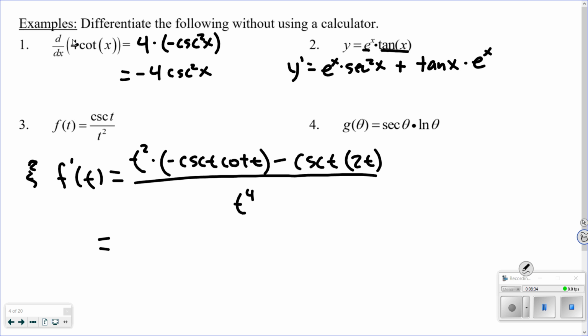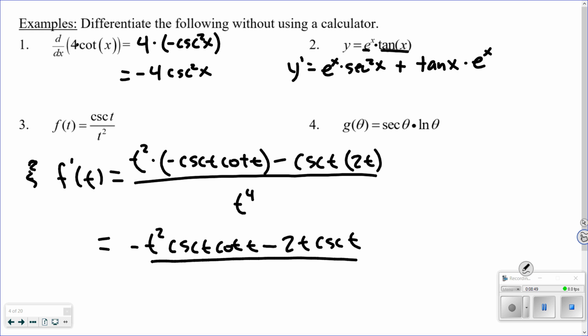So up on top, that would be a negative t squared cosecant of t cotangent of t minus 2t cosecant of t all over t to the 4th. And there's not a whole lot we can do there, but if you do look, there is a factor of t on top and a factor of t on the bottom.